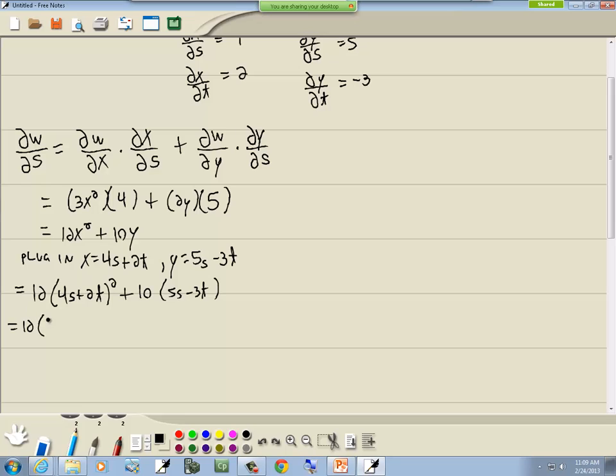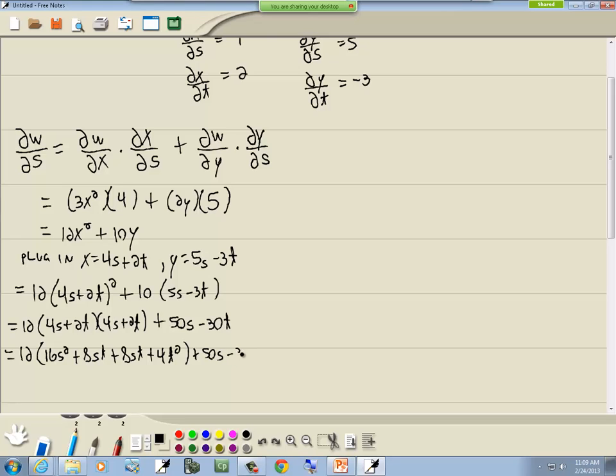Which gives us 4s plus 2t times 4s plus 2t, plus 10 times 5 is 50s, 10 times negative 3 is negative 30t. So that gives us 12 times 4s squared is 16s squared. 4s times 2t is 8st. 2t times 4s is 8st. 2t times 2t is 4t squared. Plus 50s minus 30t.